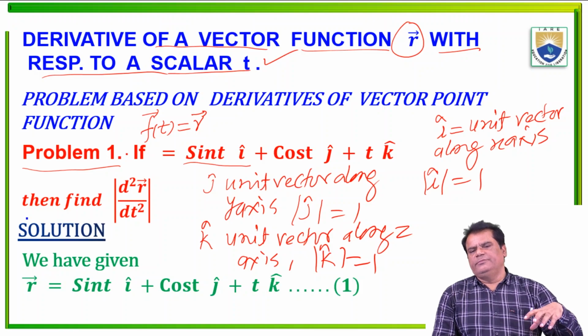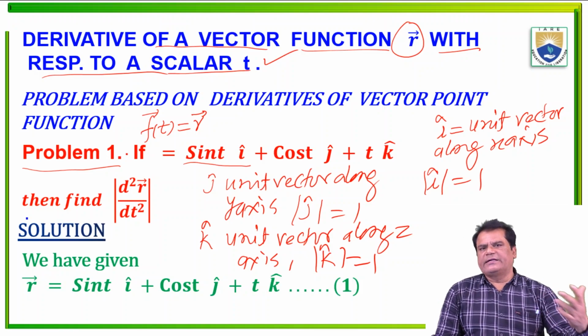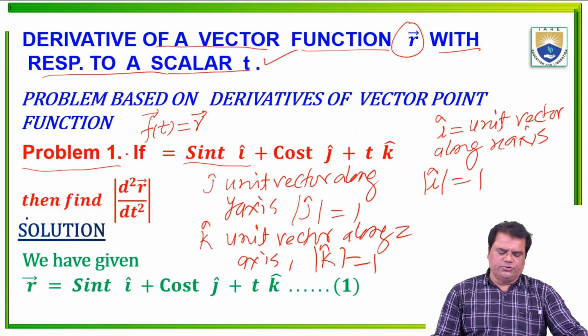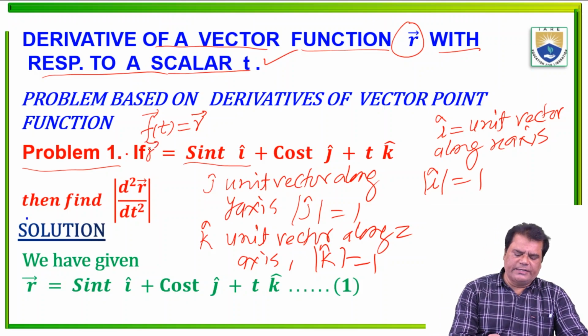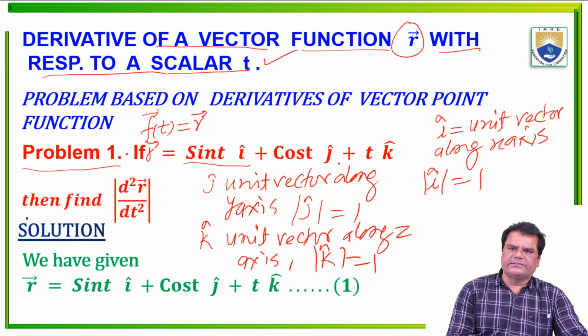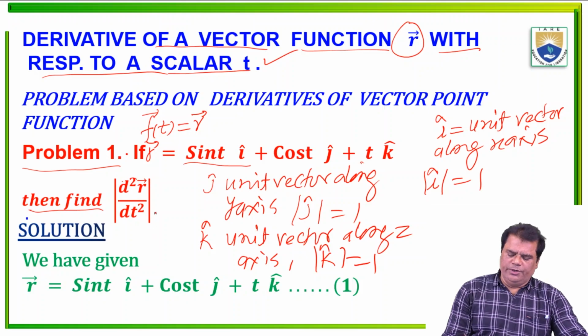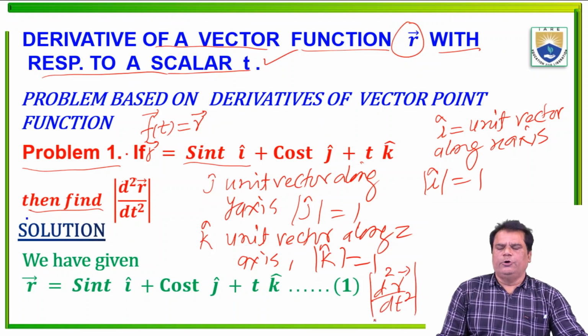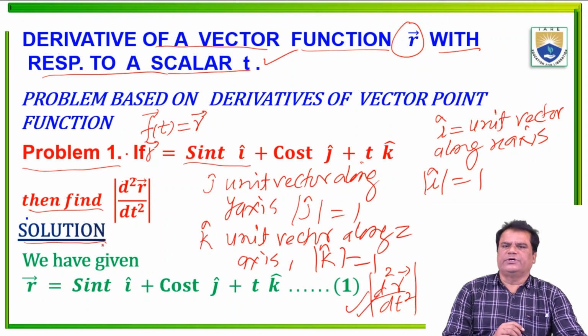So this problem tells us that if any vector R is given, how we can find the derivative of vector R. Here vector R is sin t i plus cos t j plus t k. Then find d2R over dt2 and its mod. How can we find the value of this? Now start the solution.